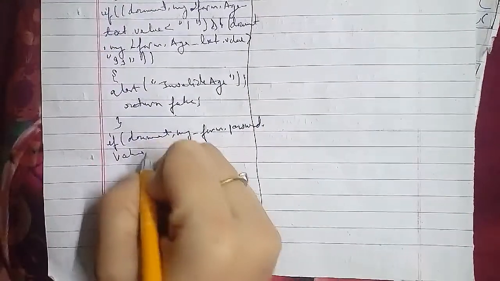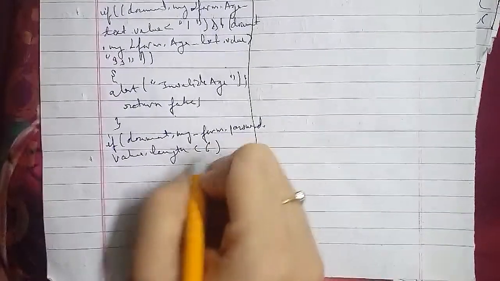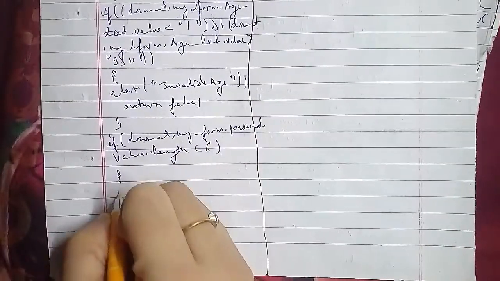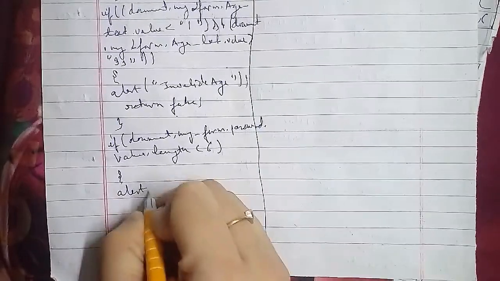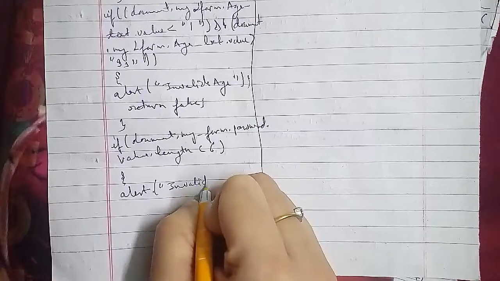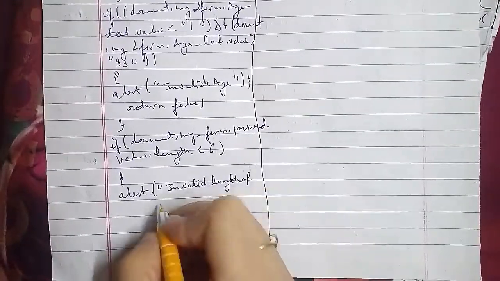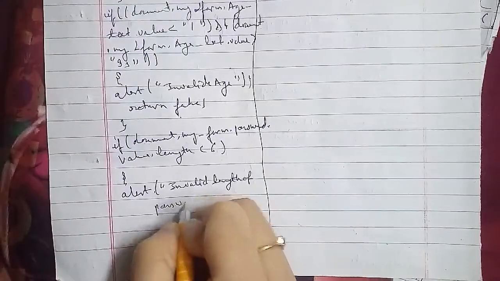Then after that, close the strong tag. Then after that, input type equals to text name equals to name, then break tag, then again break tag as well.